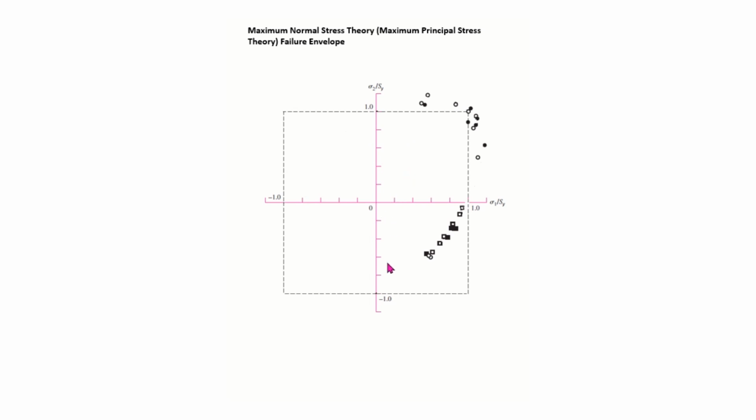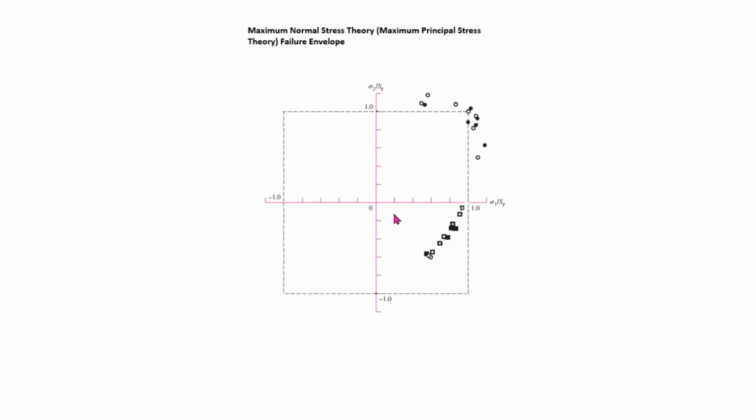But if we look down here in this region where we have a tensile sigma 1 and a compressive, or negative, sigma 2, then all of these data right here are the failure data, and yet we're still predicting that we would have a safe stress state clear out to here when we actually will fail way in here.